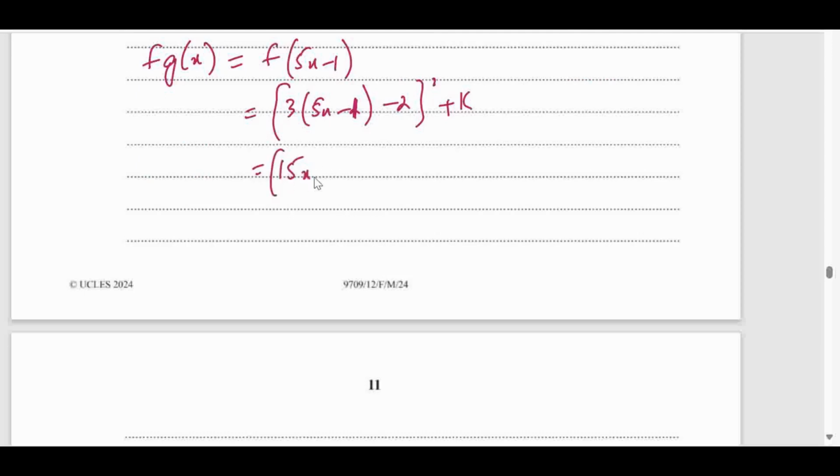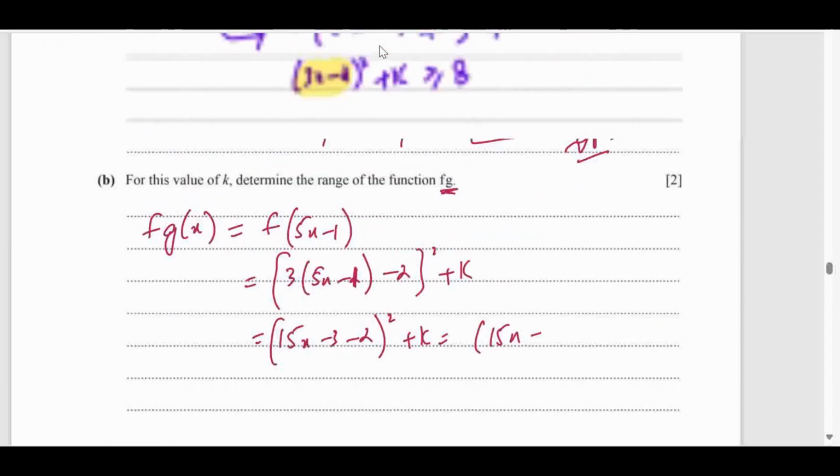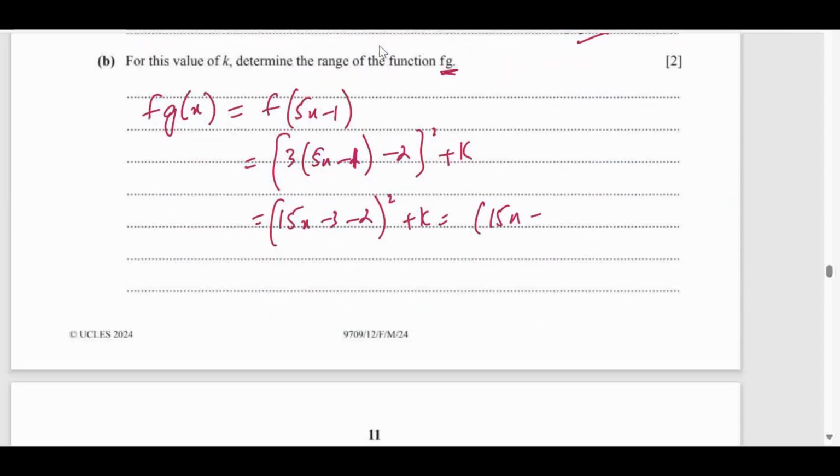So 15x minus 3 minus 2, whole square plus k. Now this will be (15x minus 5) whole square plus k.